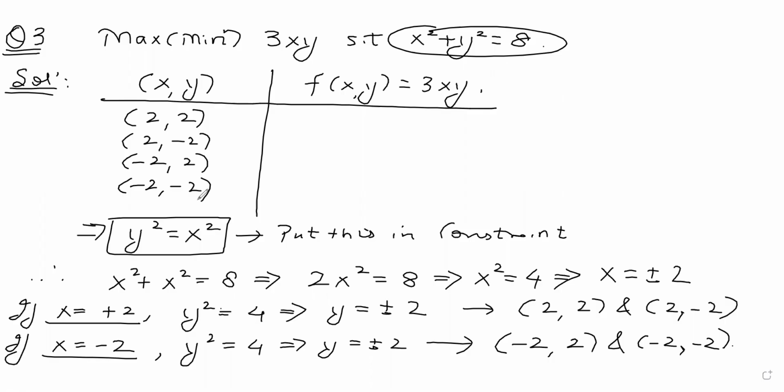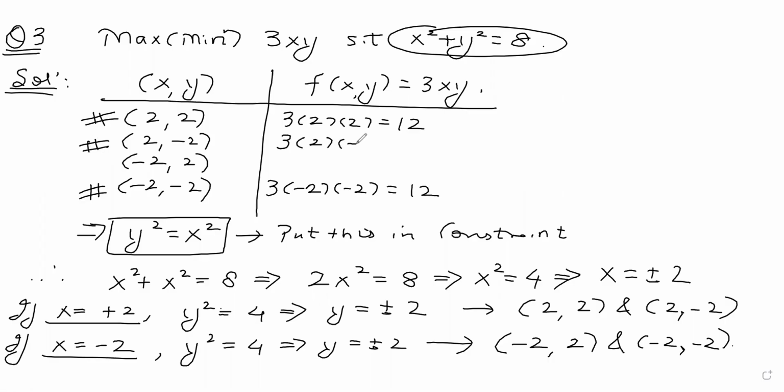So all students can see, if I put 2 comma 2, I get 3 into 2 into 2, which is 12. And if I put minus 2 comma minus 2, then also I get the same value of f of xy, which is 12. If I put 2 comma minus 2, I get 3 into 2 into minus 2, which is minus 12. If I put minus 2 comma 2, I get 3 into minus 2 into 2, which is minus 12.